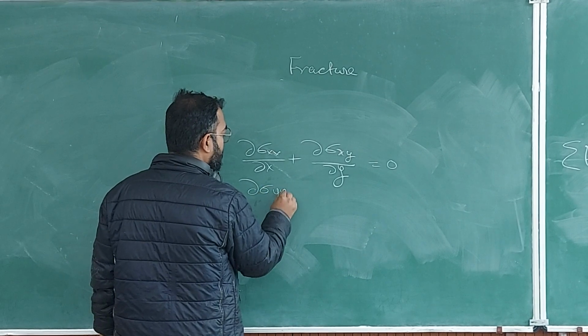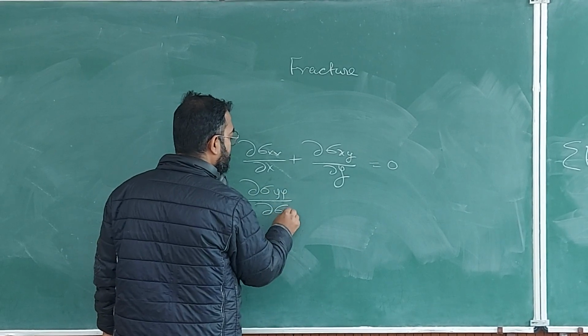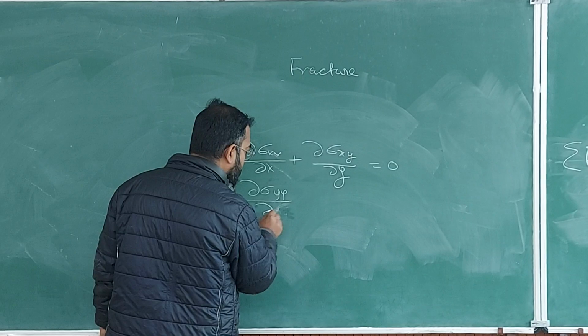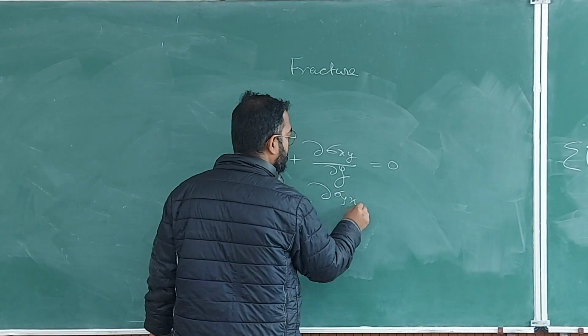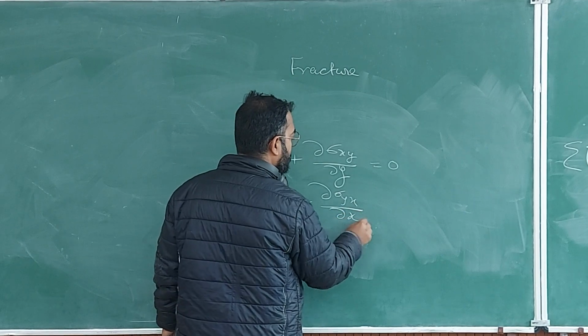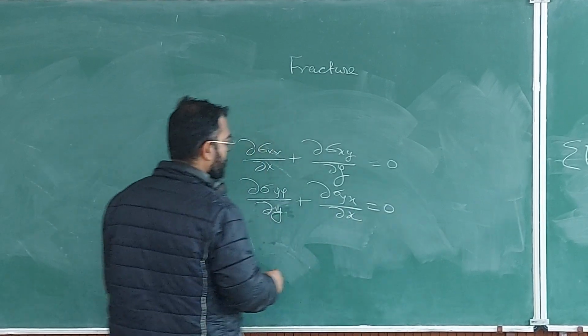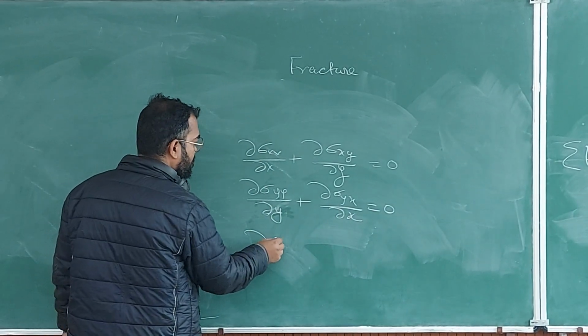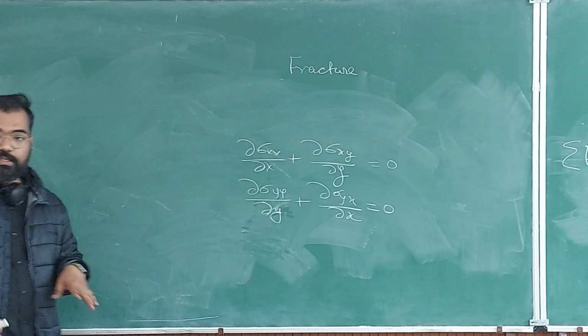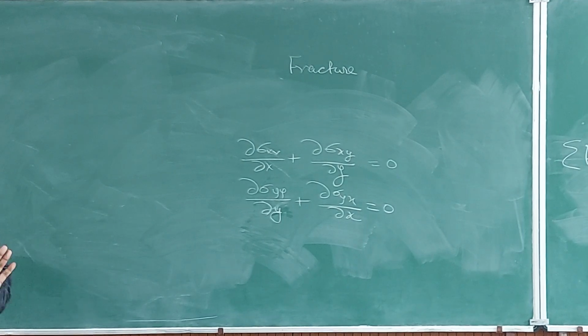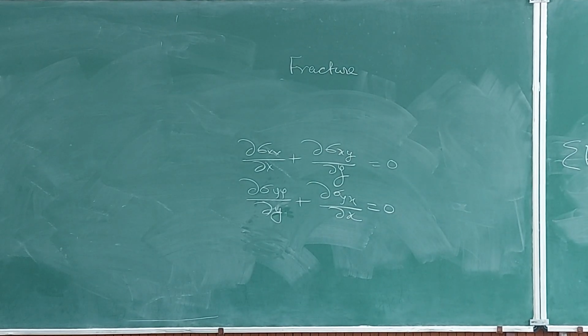Del sigma yy by del y plus del tau yx by del x equals 0. Okay, let us take a 2D problem and take 2 equations for now. 3 dimensions you can do.